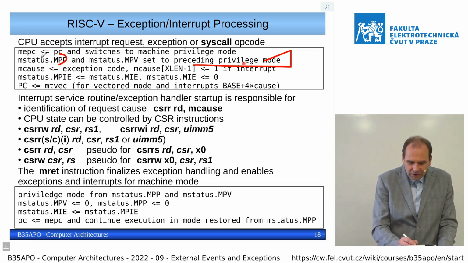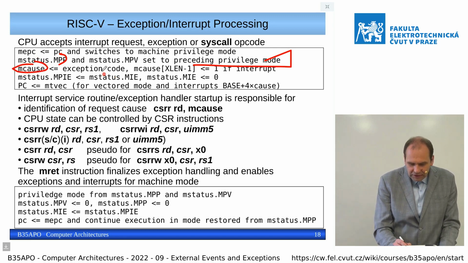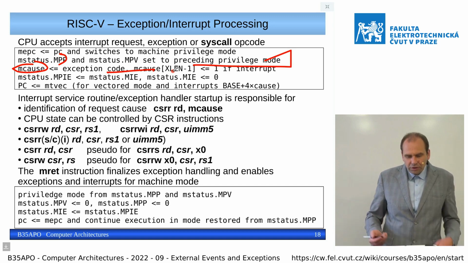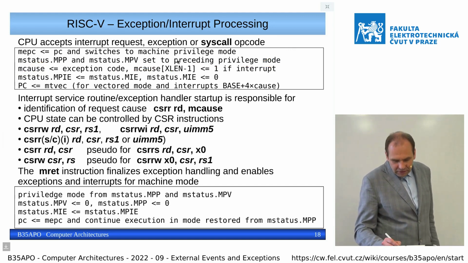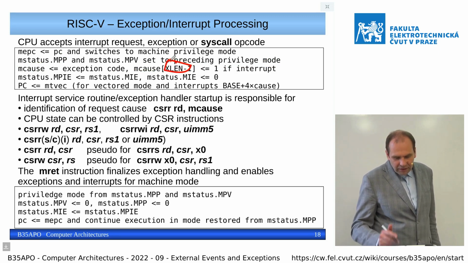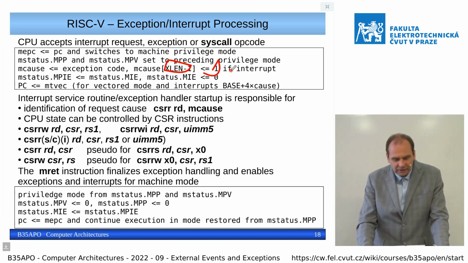And the mcause register is set according to the source of the exception or interrupt by the code, and if the XLEN bit, so it is the length of the registers minus 1, so 31st or 63rd bit is set, then it means that it is an external interrupt.